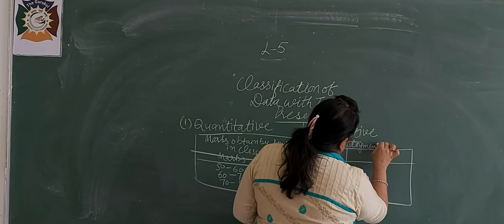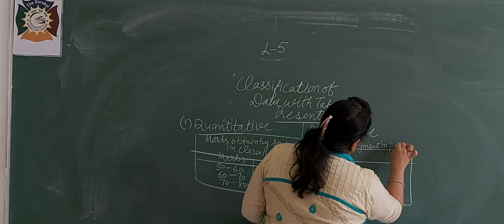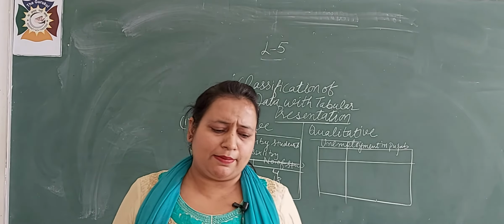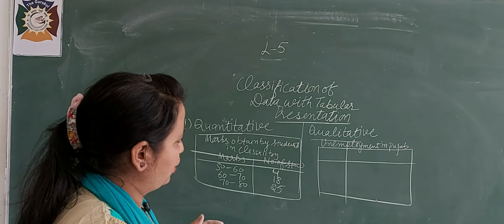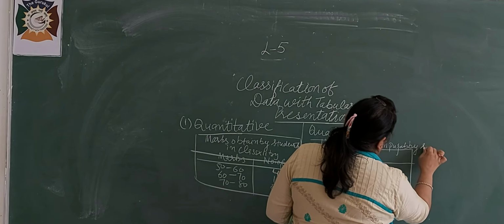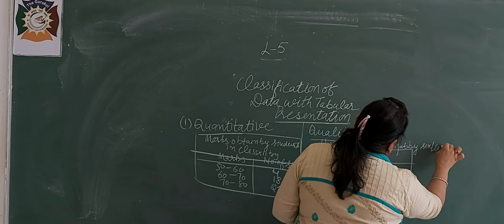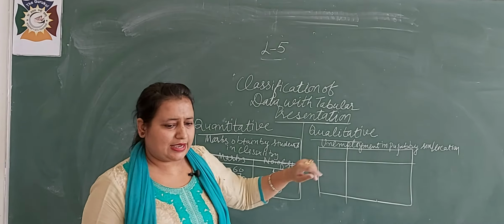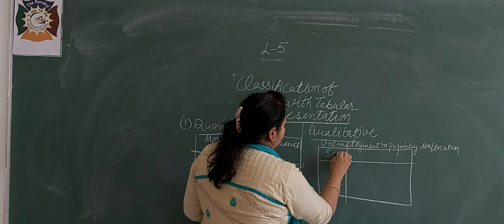Where is the unemployment? In Punjab, the discussion is happening. By sex and location, person. You will write here the sex, that is male and female.